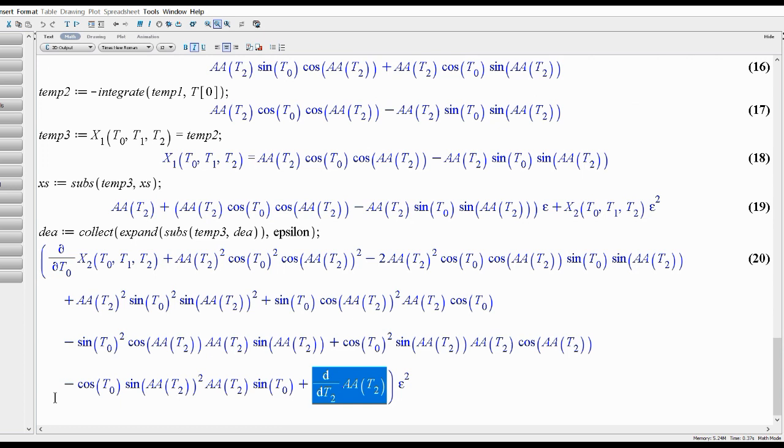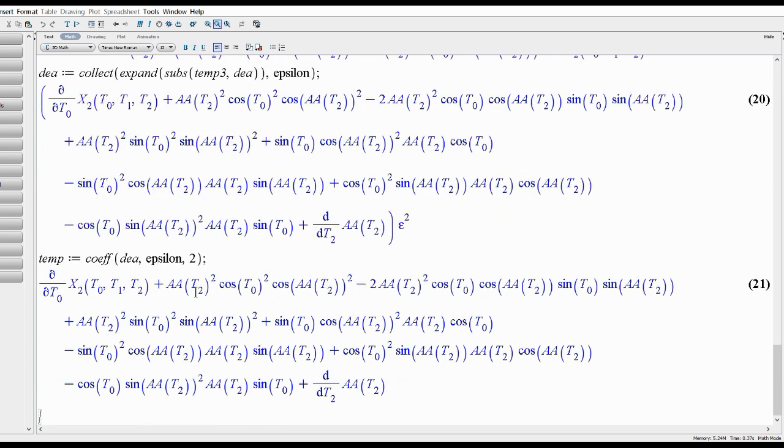Once again we have this whole thing here. We say temp is equal to the coefficient in dEA of epsilon 2. I hope you see that the similarity with averaging is actually very great.